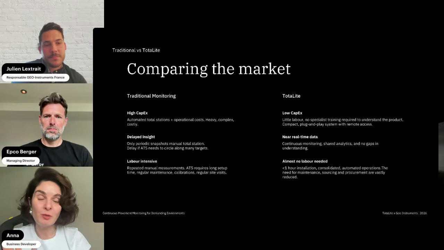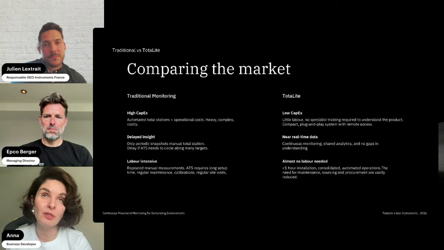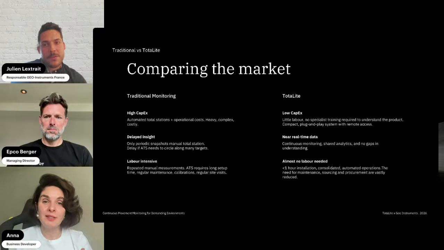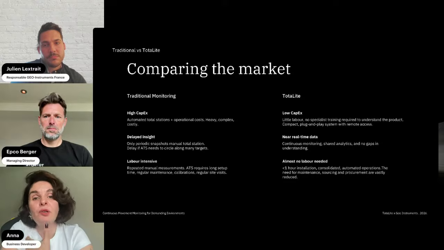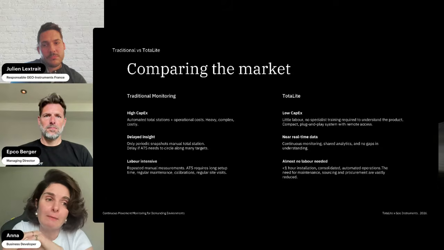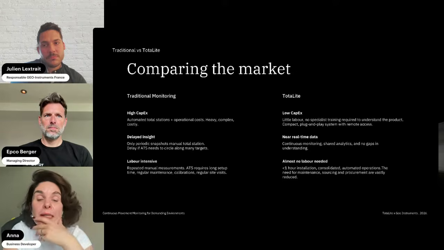In the beginning, of course, most of our clients prefer to compare TotaLite with existing methods, mostly total stations, and are really cautious about trying something new. But we need to share why it makes sense if, for example, you have among your requests monitoring, deformation monitoring and movement monitoring.